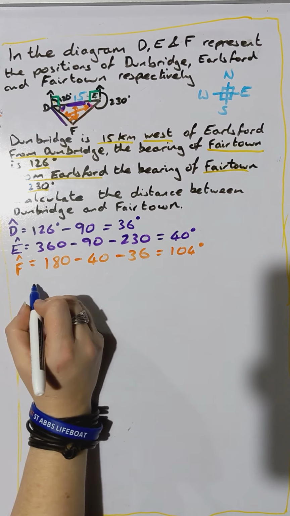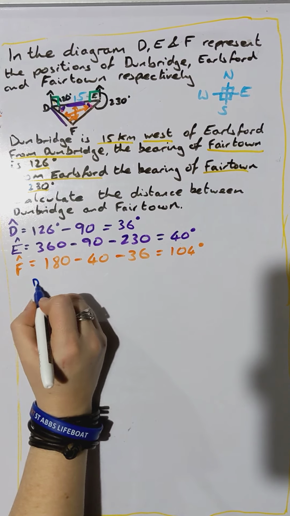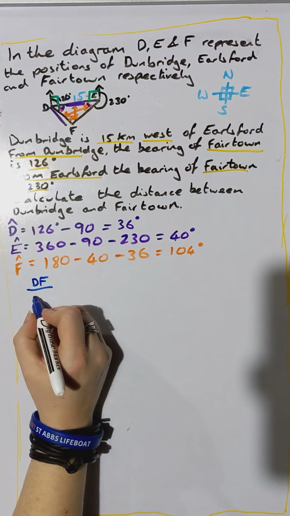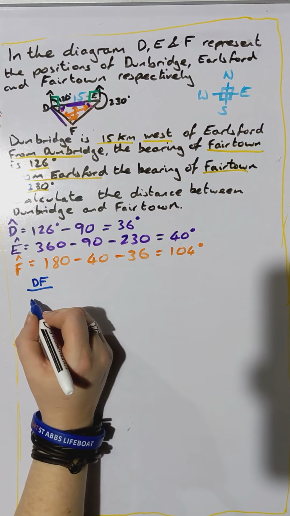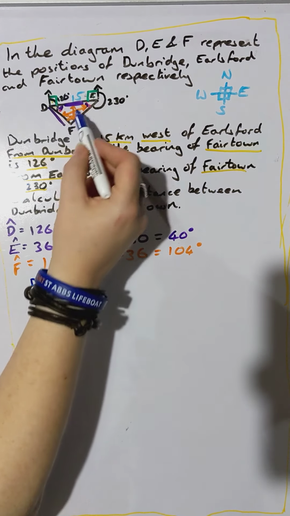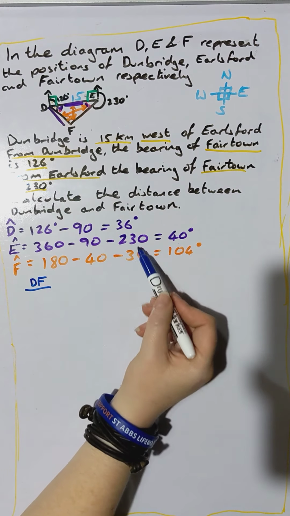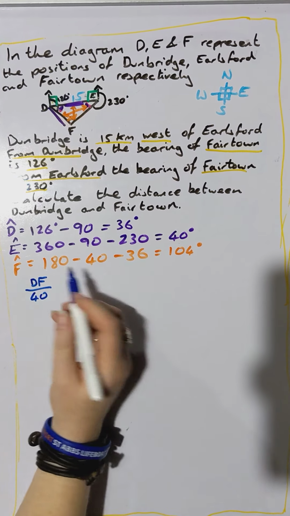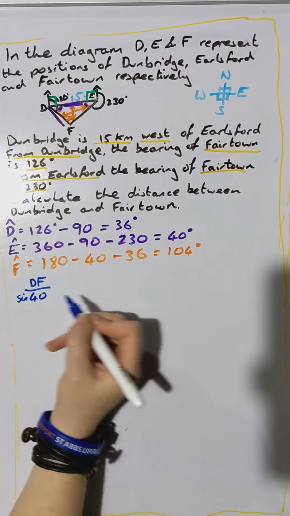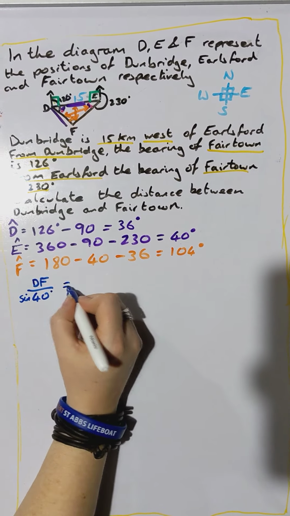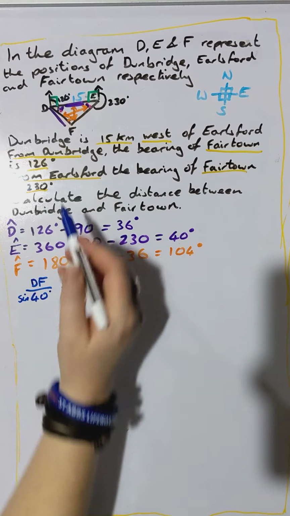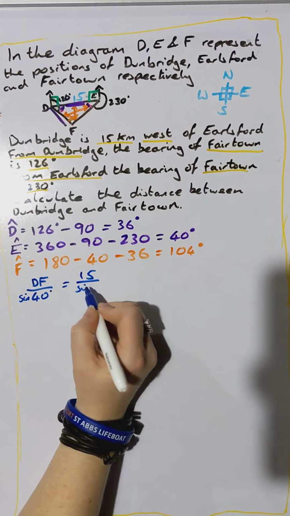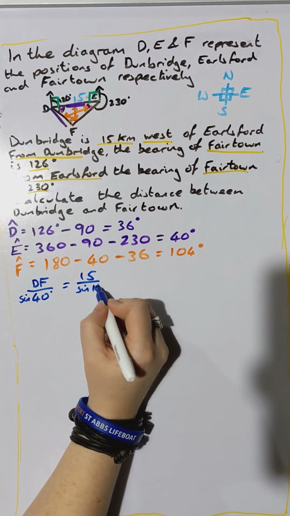So our unknown side, DF, over its angle, which we happen to know is this one, which was the 40. And because it's sine 40 degrees, that gives us our 15 over our sine 104.